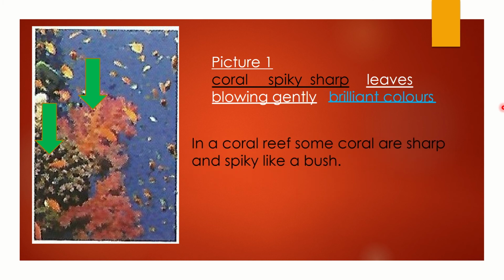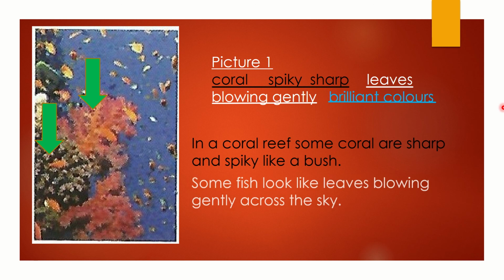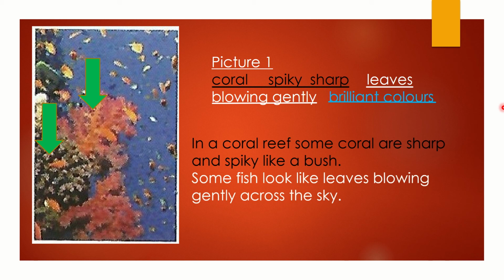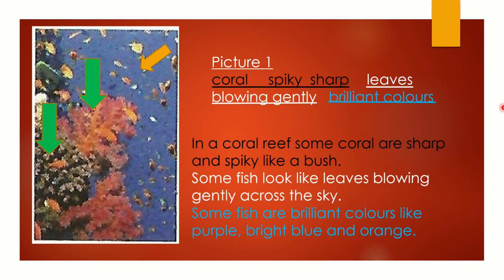In a coral reef, some coral are sharp and spiky, like a bush. Some fish look like leaves blowing gently across the sky. Some fish are brilliant colors like purple, bright blue, and orange.